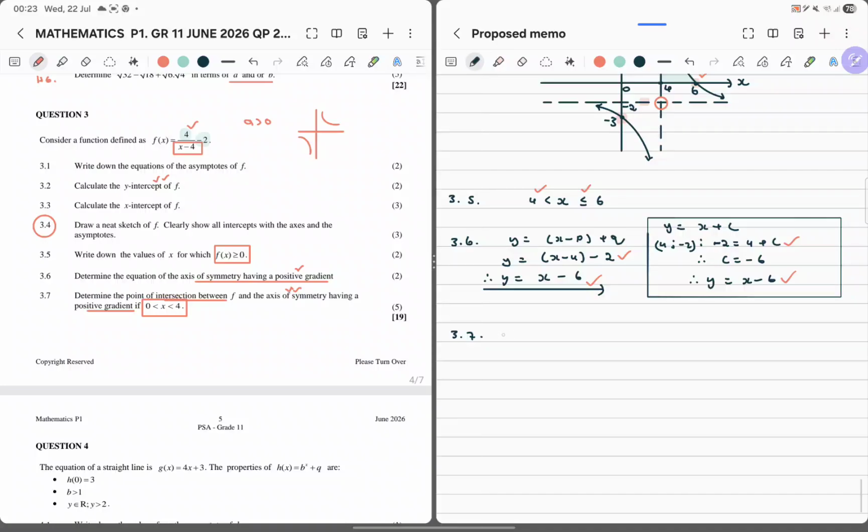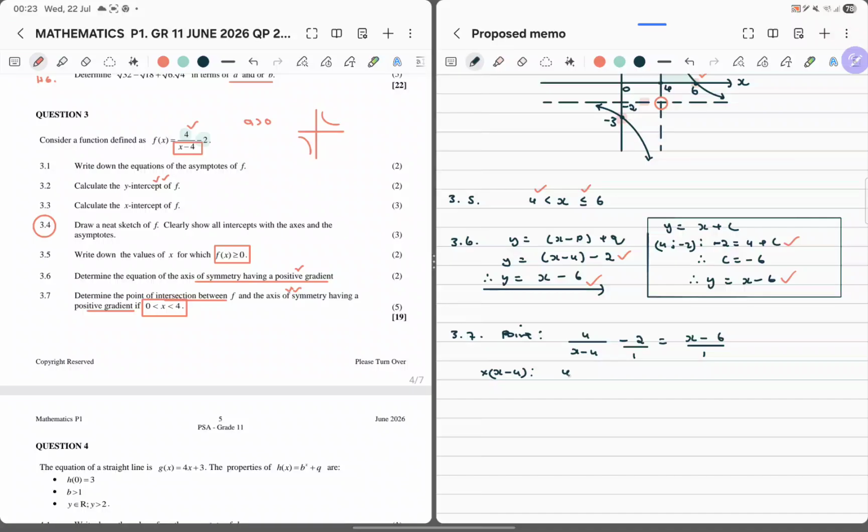We know that this point is such that we have 4 over x minus 4, minus 2, is equal to x minus 6. So we can see that everything is over 1, right? So we can just multiply by our common denominator, which is x minus 4.